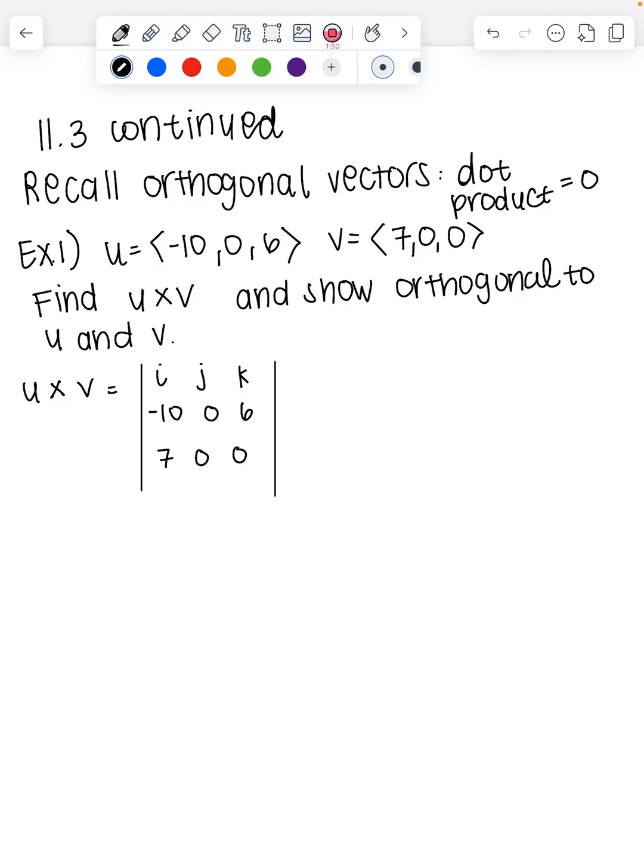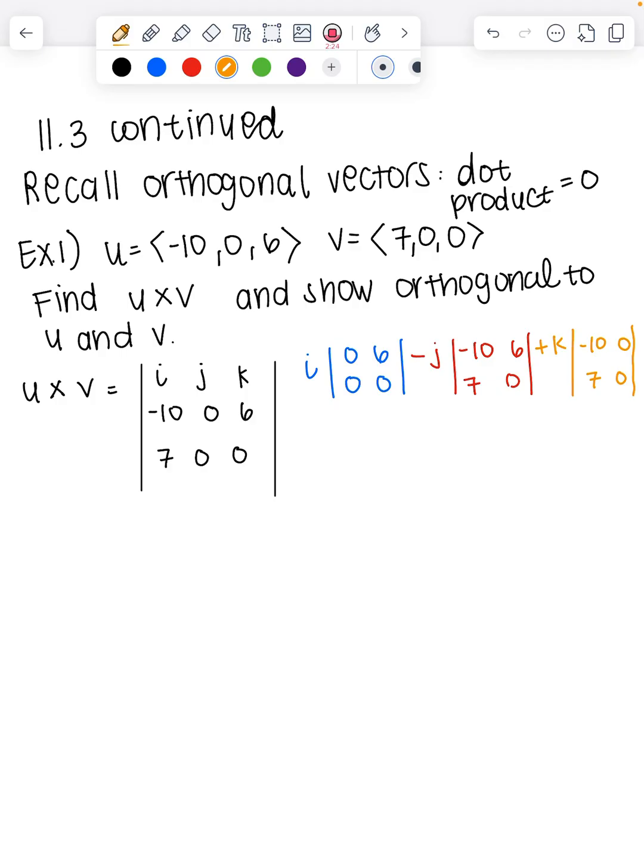Okay, so what I have here is I times 0, 6, 0, 0, minus j. Cross out that middle section, so now I have -10, 6, 7, 0, and then I'm going to have k, and k is going to be -10, 0, 7, 0.